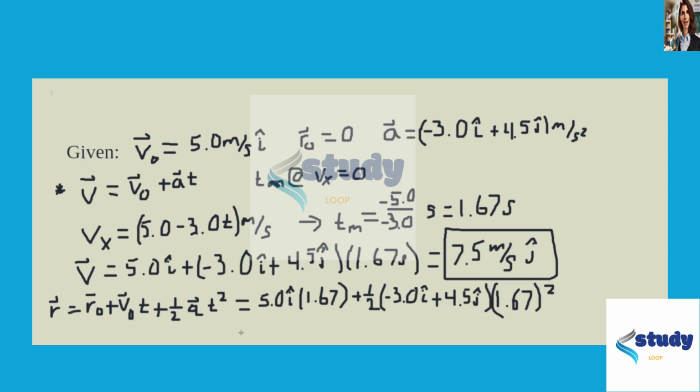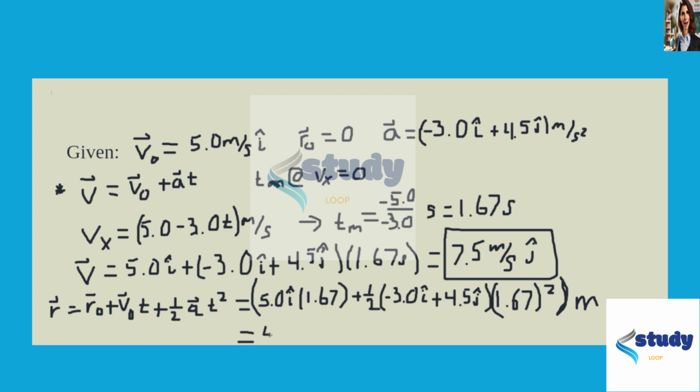Okay, and we can go ahead and put parentheses around this entire thing. The units on this, of course, since its distances are going to be meters, right?